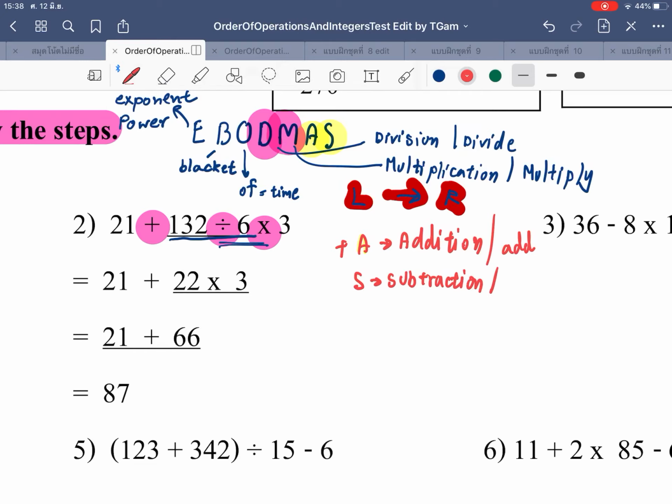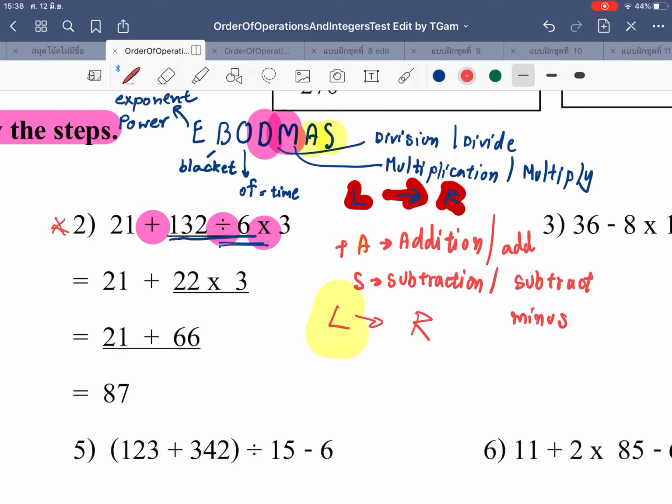In its verb form, it can be subtract. In other words, it can be minus. So if you have addition and subtraction at the same level, you can do it from left to right as well.